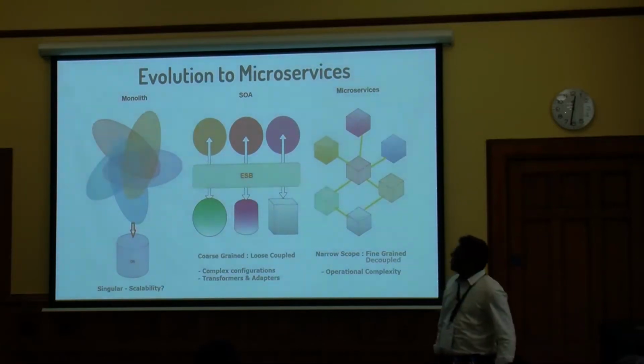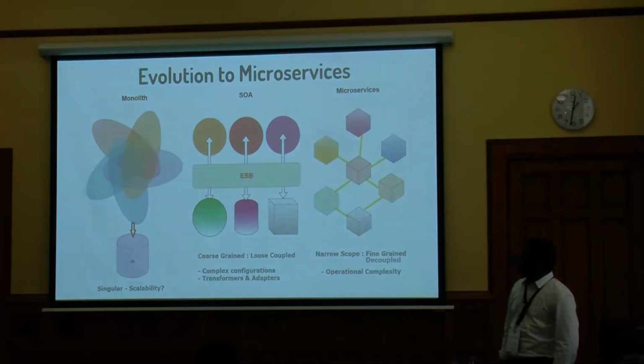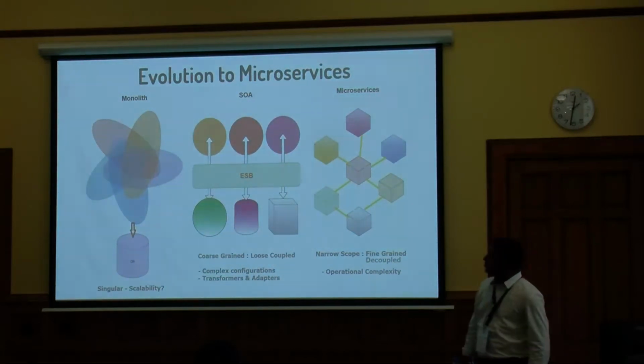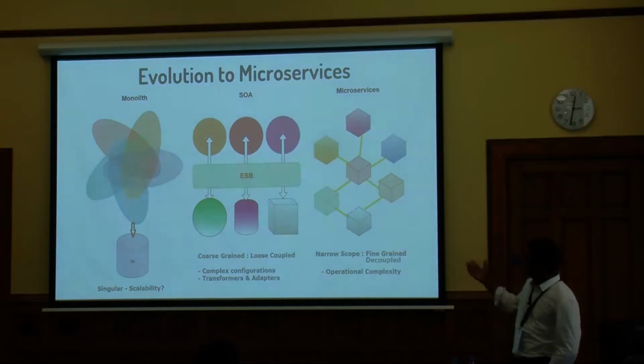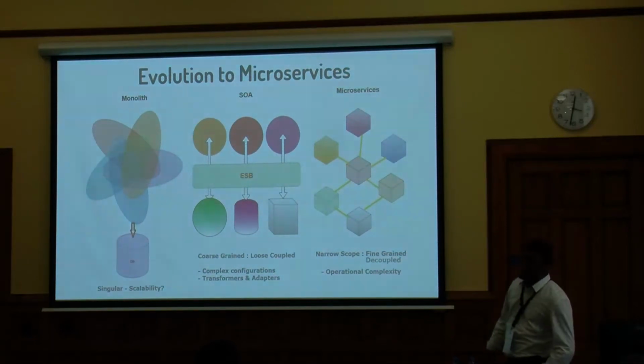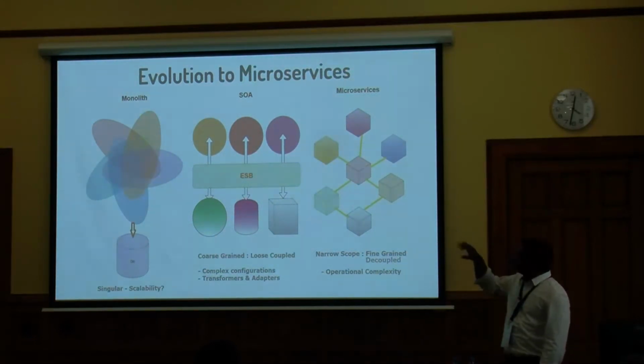Moving on from monolith, we have something called SOA, service-oriented architecture. From around 2005 onwards, this was almost like the microservices of 2005. Everyone was involved in developing a SOA product or SOA suite or whatever you call it.